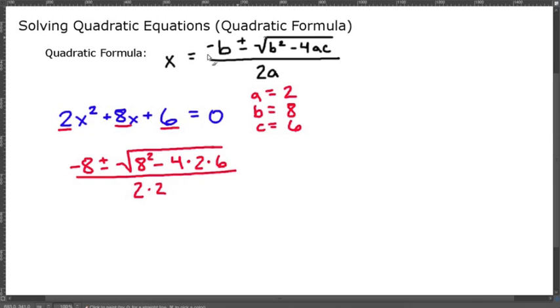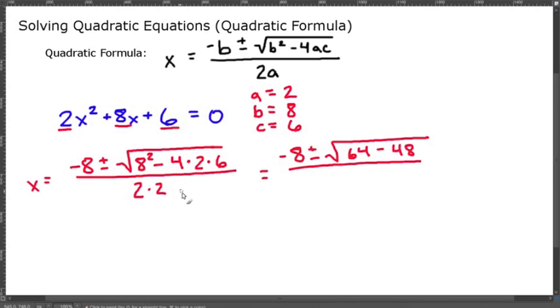Now remember, this is what our x will be equal to, so this is going to be the root or solution. Now we simplify and solve. So the opposite of 8 plus or minus the square root, 8 squared is 64, minus 4 times 2 is 8, and 8 times 6 is 48. So 64 minus 48 all over 2 times 2, which is 4.